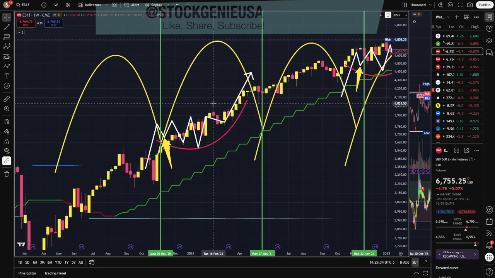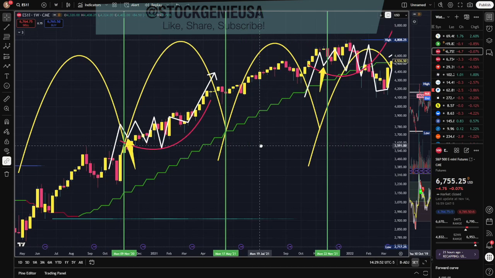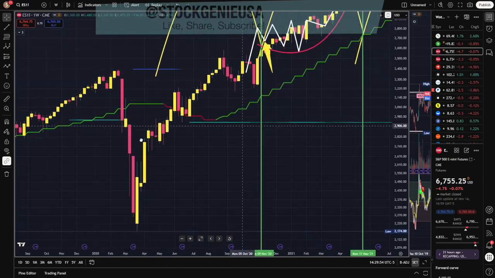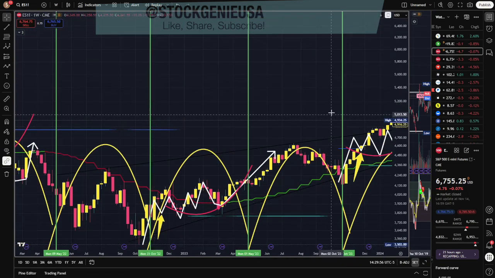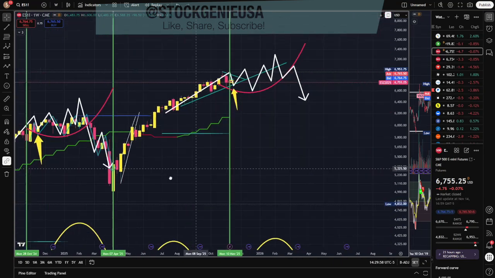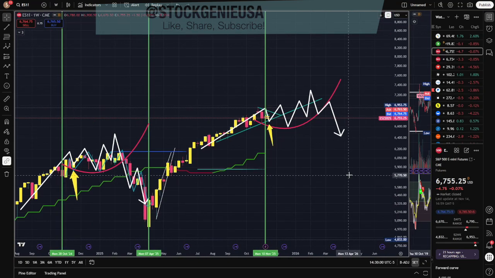So it's interesting to see how these patterns copy each other. Here's the "you are here" moment, right? We are here today, and the price just kept going. So that's what I'm referring to when I think that this market technically has no real reason to come down.